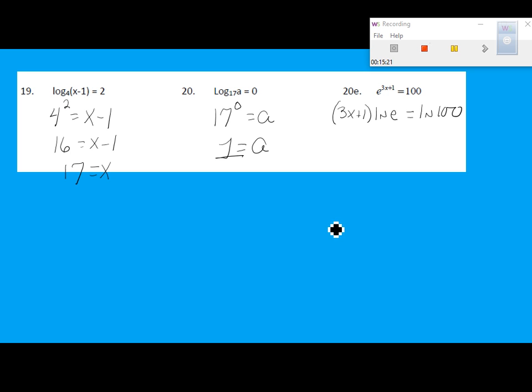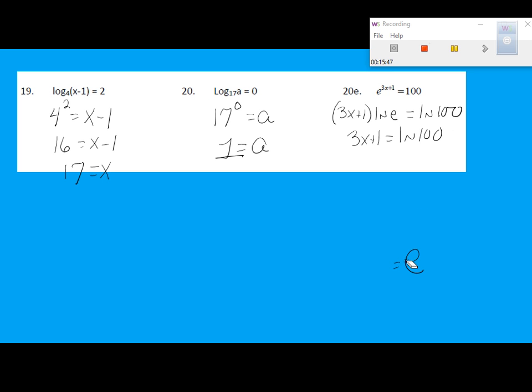Now, the natural log of e is 1 because there's an e hiding right there, and this says e to the first equals e. So the natural log cancels each other out. So now I'm at 3x plus 1 equal the natural log of 100.